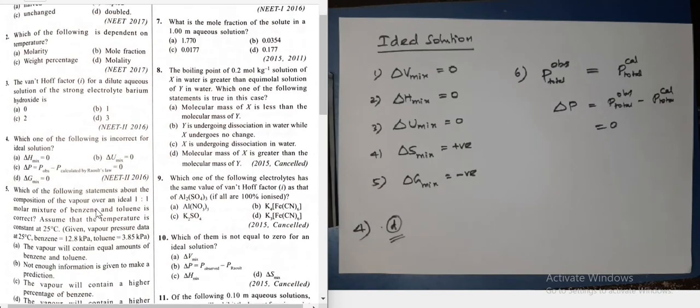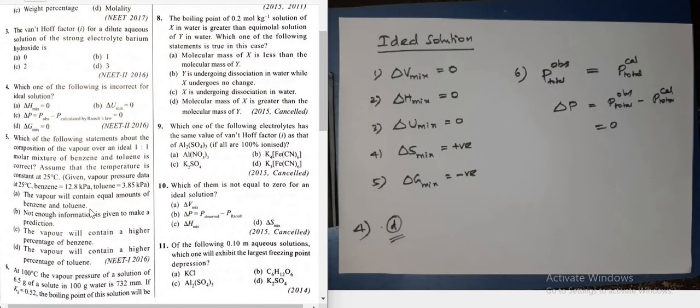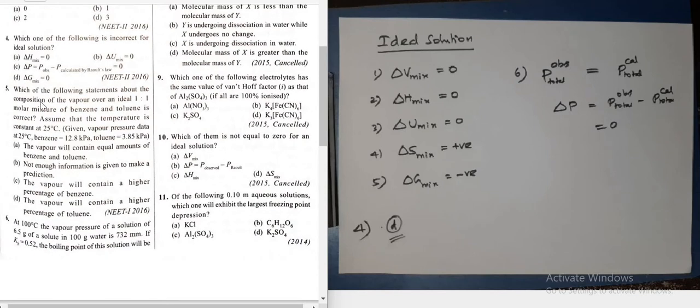Question number 5. Just go through the question. Which of the following statements about the composition of the vapor over an ideal 1:1 molar mixture of benzene and toluene is correct?